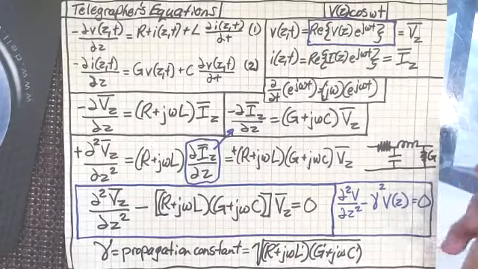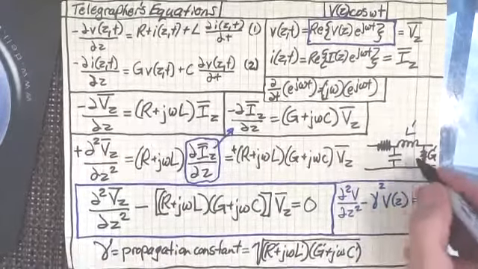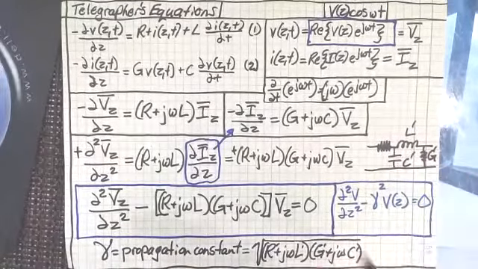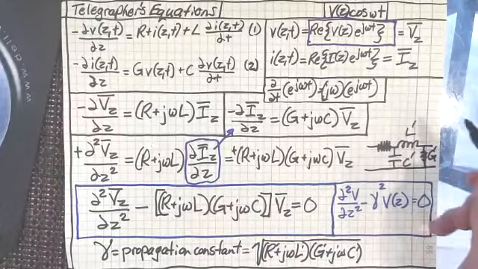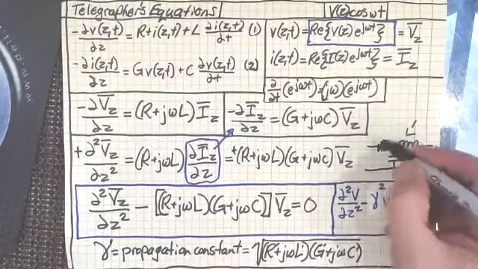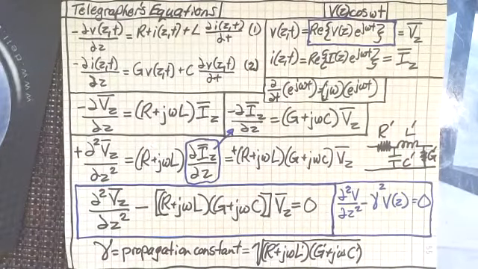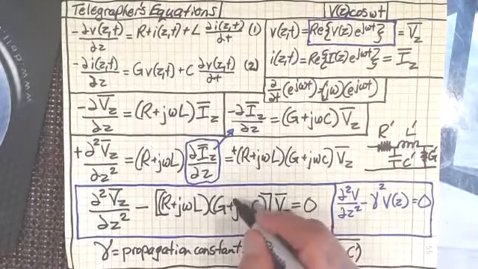Always remember that G prime is almost 0. There's not going to be anything that we do in this course where G prime isn't 0. So don't worry about G prime. Worry about R prime, C prime, and L prime.